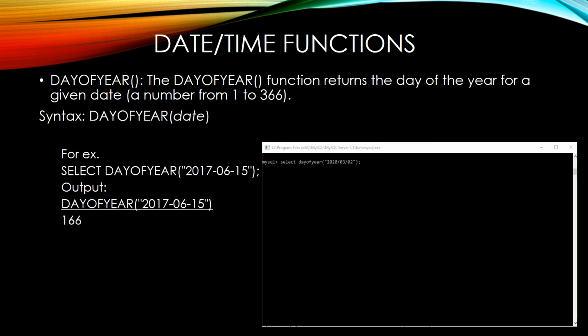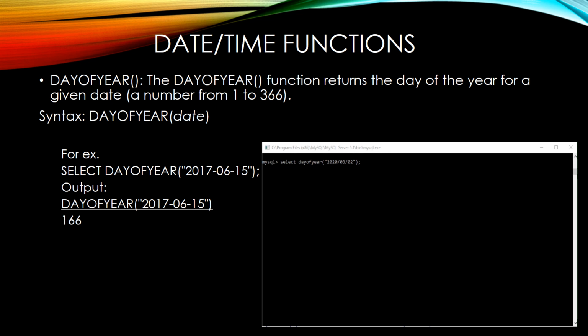Dayofyear function. This dayofyear function will count the number of days passed till date in a year. I have taken this date, 2nd March 2020. So you can check, it is the second date of the March month. 2020 is a leap year.